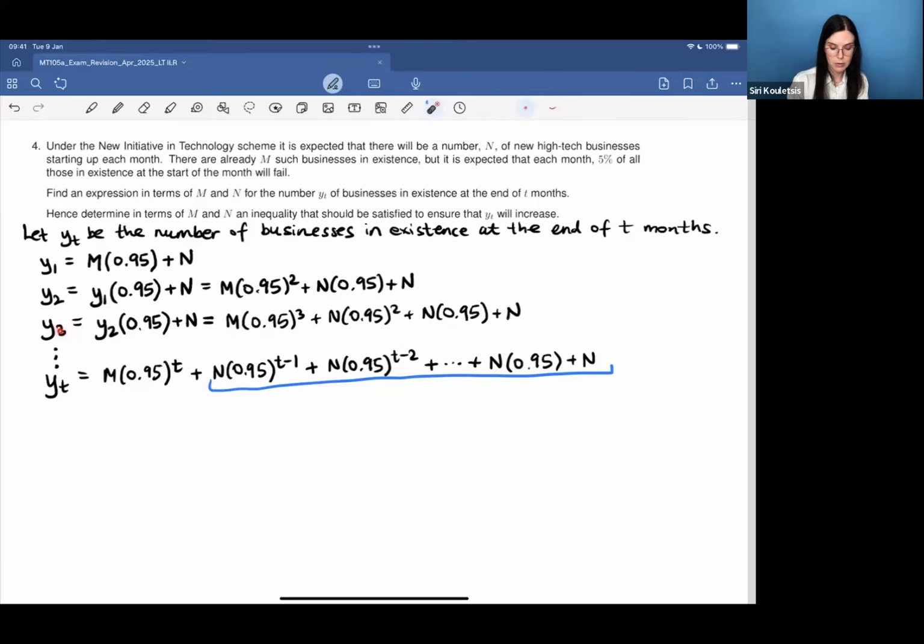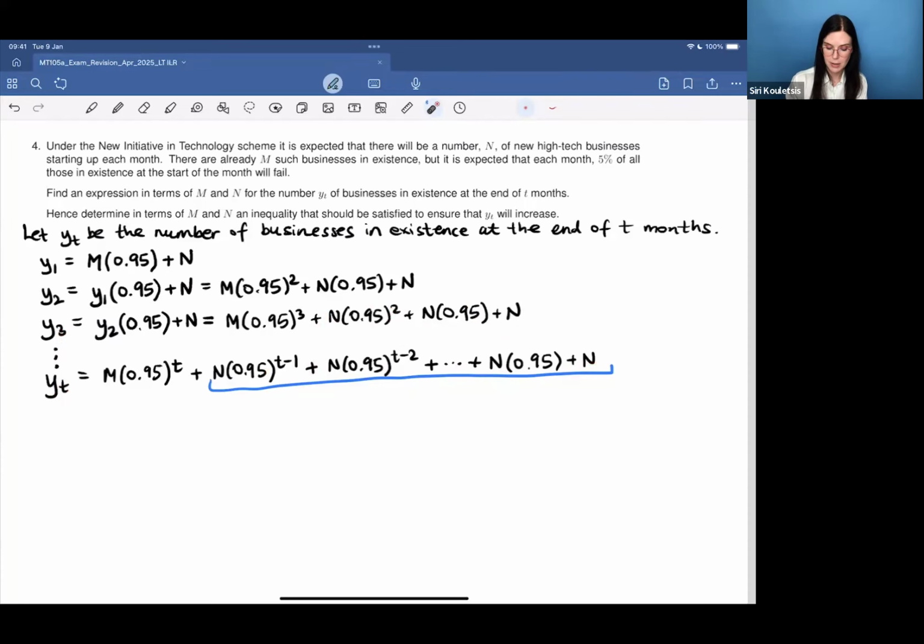When the index was 3, how many terms were in this part involving N? It was 1, 2, 3. In other words, we had 3 terms when the index was 3. And the same thing is the case here. When the index is t, we have t terms.